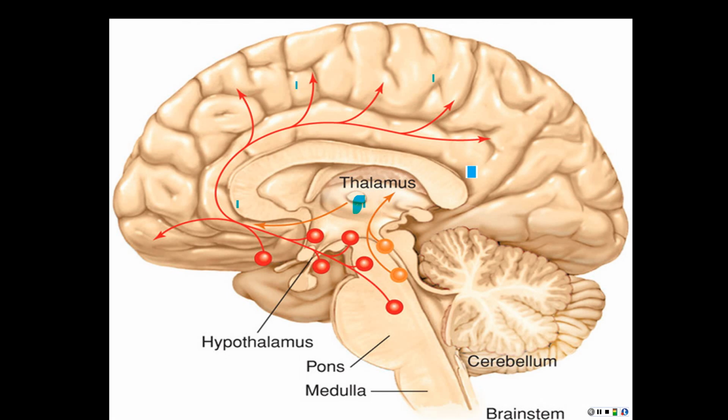What's interesting is that if the reticular activating system is overactive, it's been linked to the condition called attention deficit disorder. Conversely, if it's underactive, someone may actually be in a coma, and so the brain is understimulated.